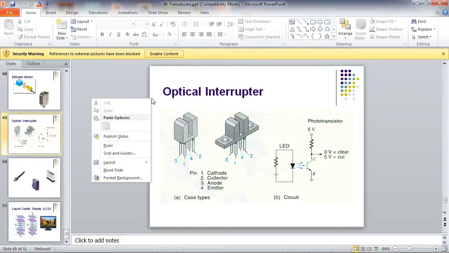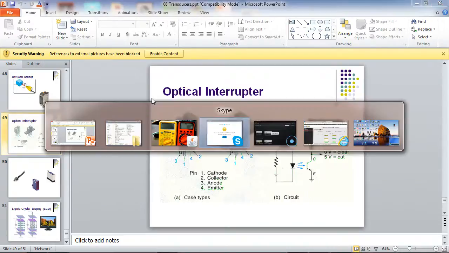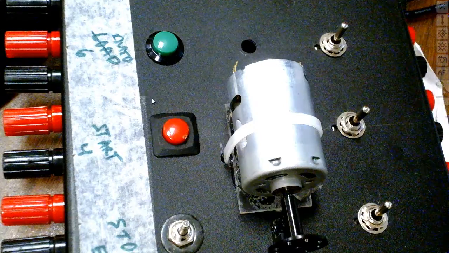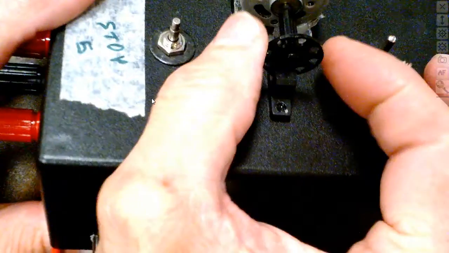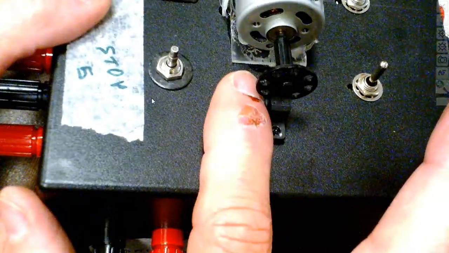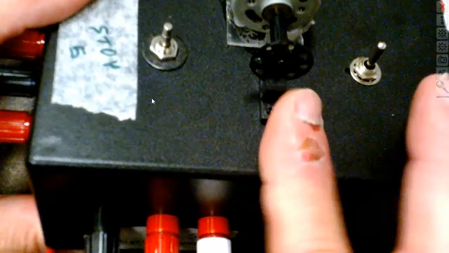So notice these are nothing but a bunch of slots. So I've got my encoder, and my encoder is positioned so it breaks the beam on my optical interrupter.